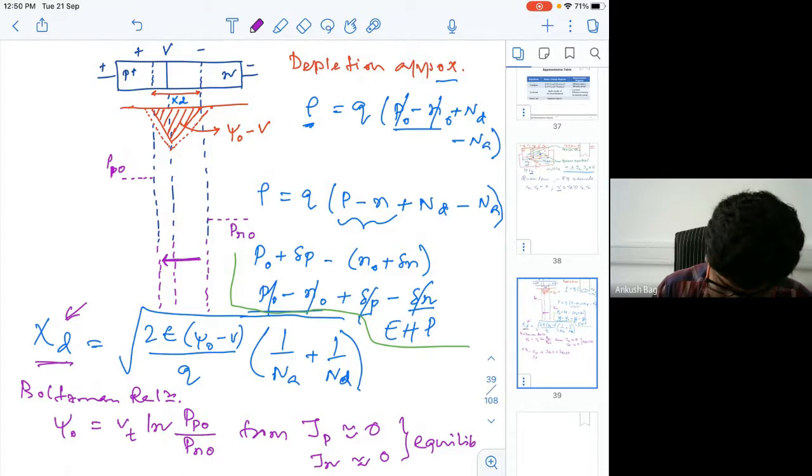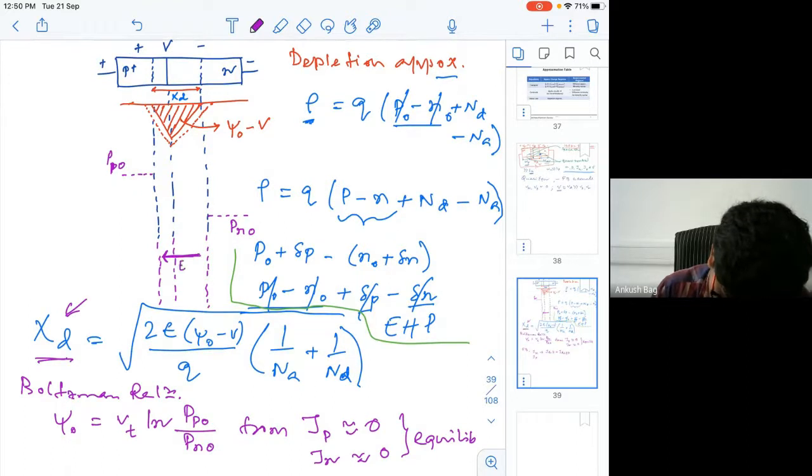So the electric field, due to the built-in potential, points from right to left. Now, let's say this is the electric field under equilibrium, and now we have applied an external bias.